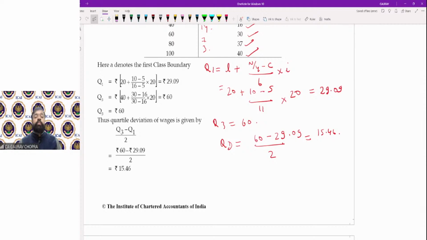So out of the 4 measures of dispersion, so far we have discussed 2 measures of dispersion. First was range and second quartile deviation.